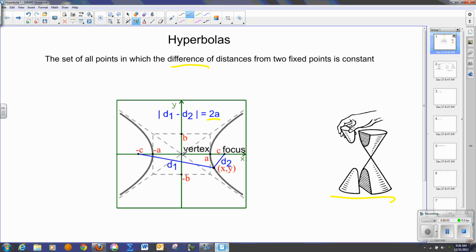The distance from the center to the vertex is a. B is the covertex again.